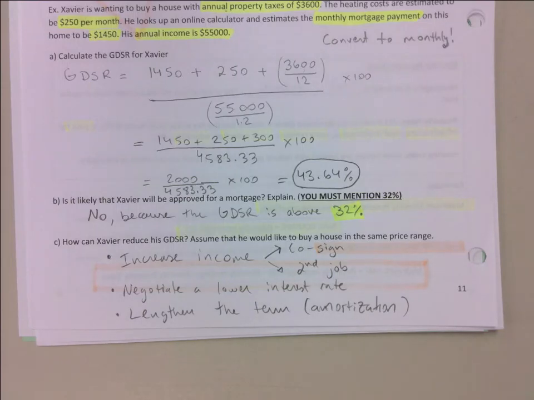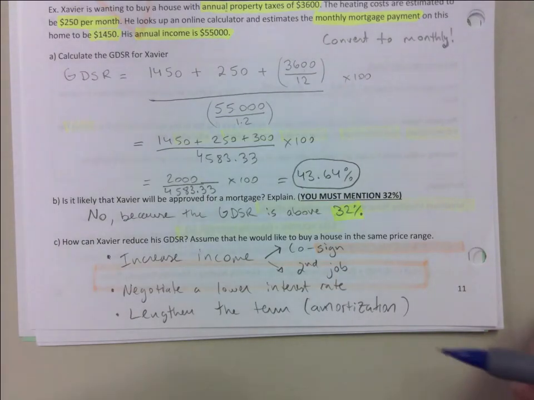Think about the formula, right? What are some things that we have control over? We don't have control over heating. Please don't say like I'm just gonna turn down the temperature in the house, because this is something that's already predetermined. You can't change that. You cannot change the property taxes. The government sets that. So what you have control over is the mortgage.